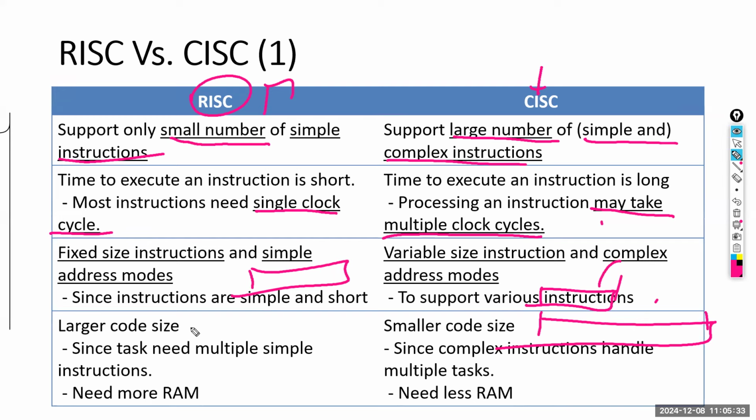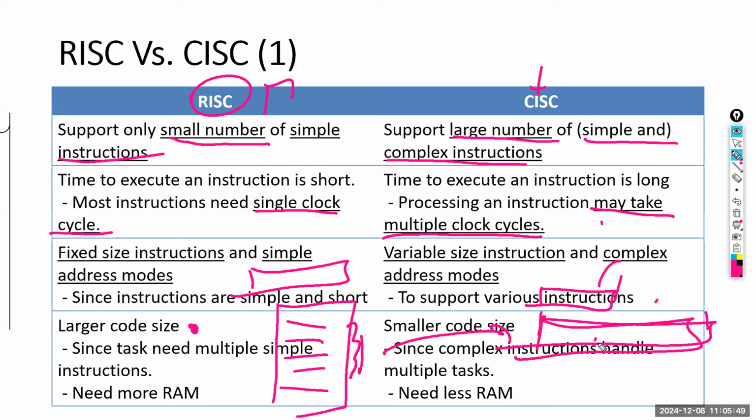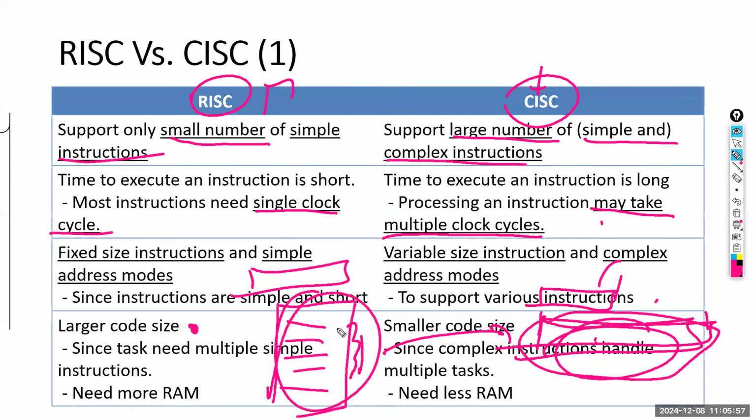Here, larger code size, because for complex instructions your assembly code will have so many simple instructions. But here, maybe 4 instructions can be combined into one because that instruction is available in your CISC processor. So therefore, code size is less. That means you need less memory here, more memory here.